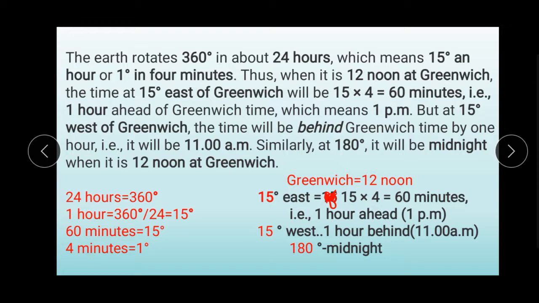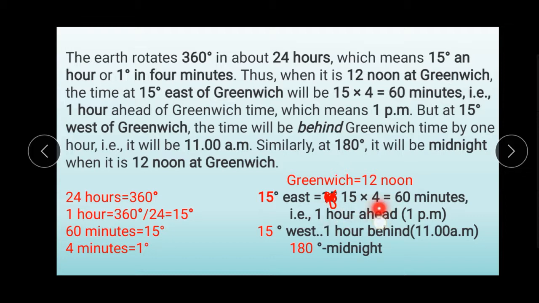So in Greenwich, if it is 12 noon, then 15 degrees east of Greenwich, what time will it have? So that we are going to calculate now. For 1 degree we have calculated 4 minutes, so for 15 degrees east we have to calculate 15 into 4.